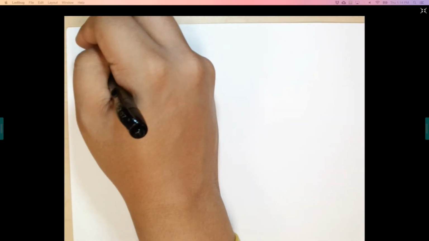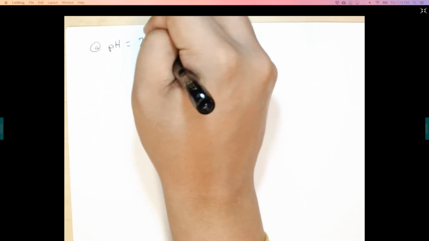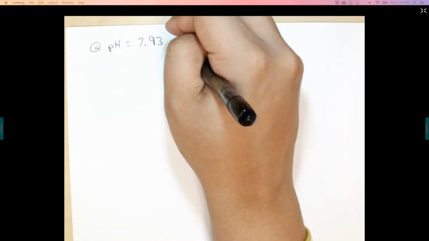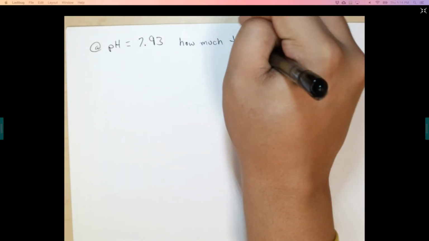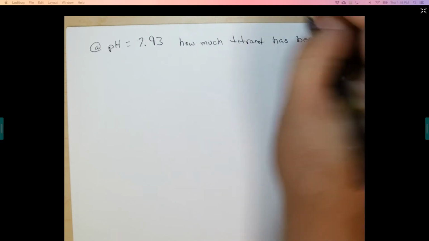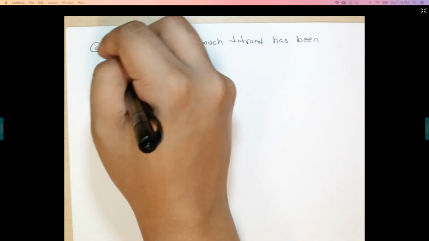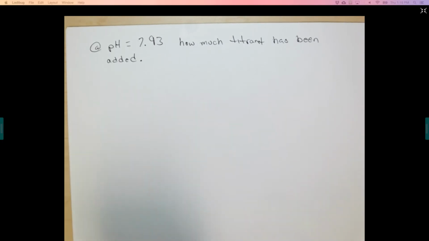So let's talk about pH equal to 7.93. What if I ask you how much titrant has been added to reach 7.93 pH? Now, this involves understanding your math and being able to back calculate.